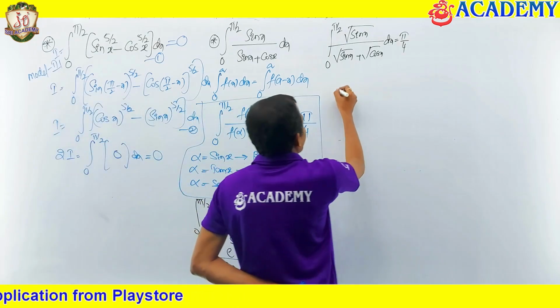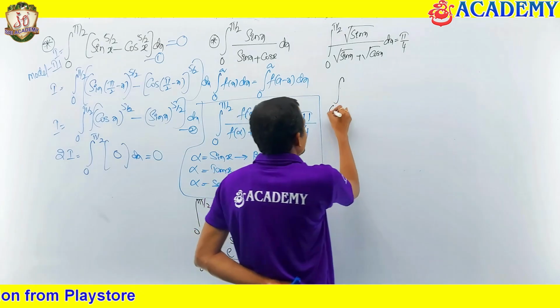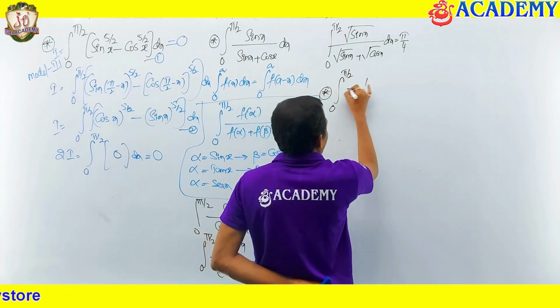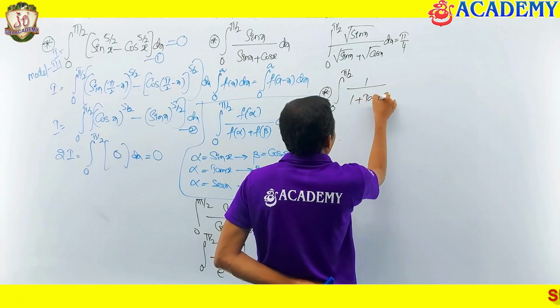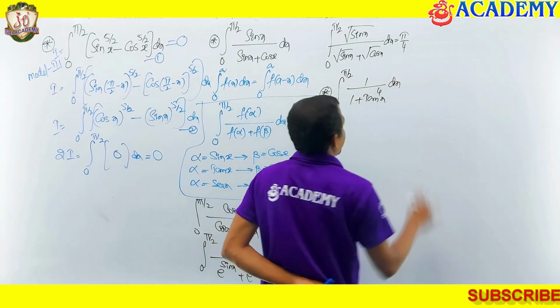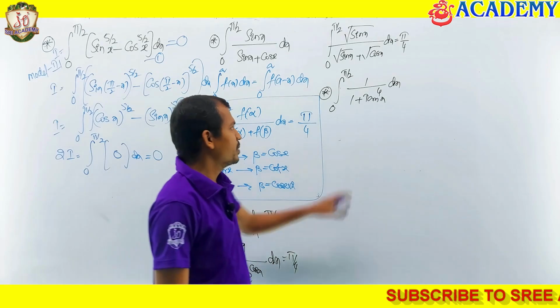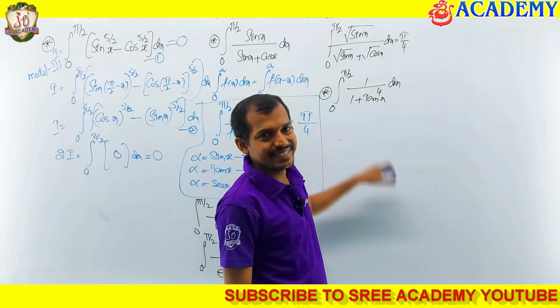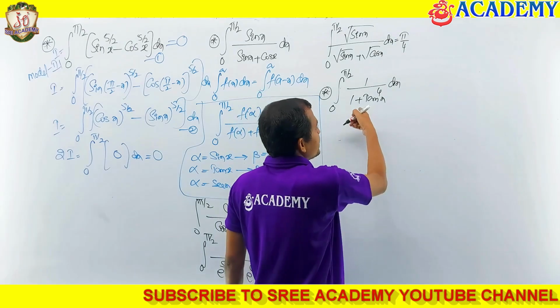For suppose we give integral 0 to pi by 2 1 by 1 plus tan to the power of 4 x dx. It may be any power. Tan to the power of 4, we can write this tan as sin by cos. It's going to be the same thing.